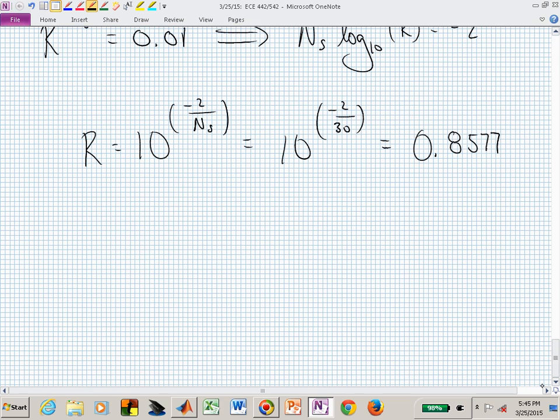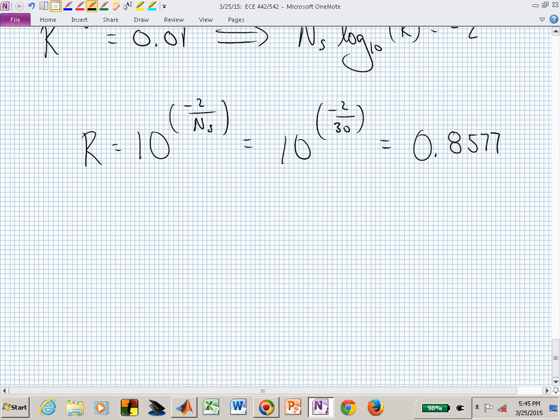I mean, it's less than 1. If we have a settling time, we better have a radius inside the unit circle. If you get something outside, you might say, ooh, I've punched something in wrong, if you have a number greater than 1 when you're talking about a settling time.